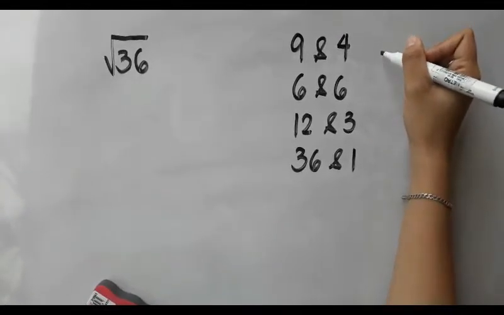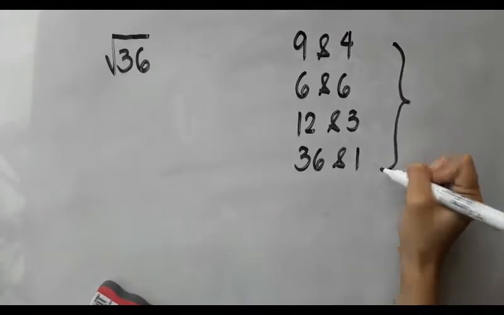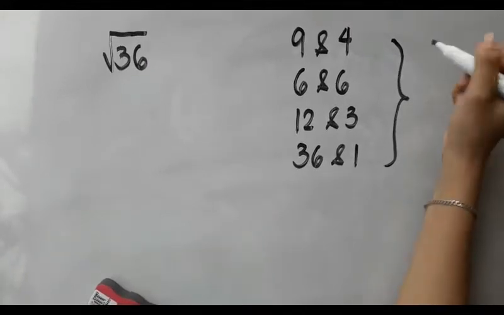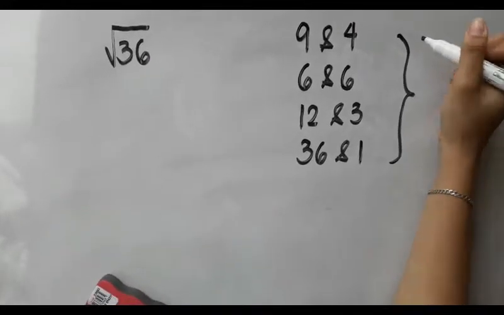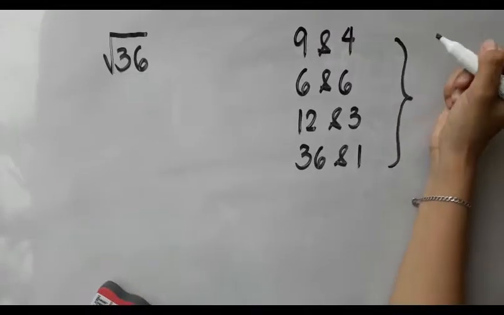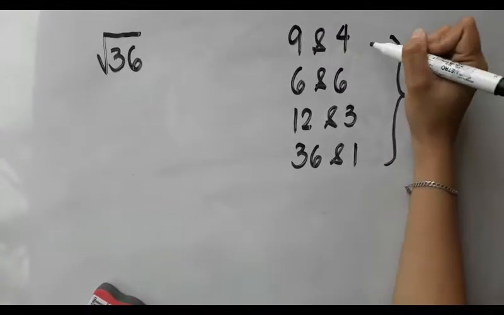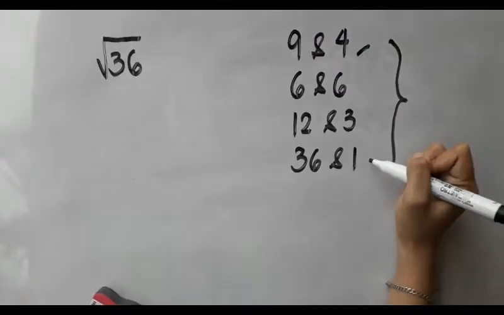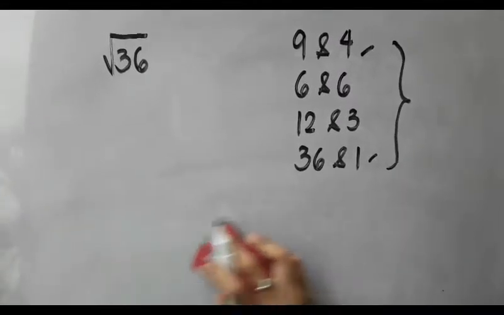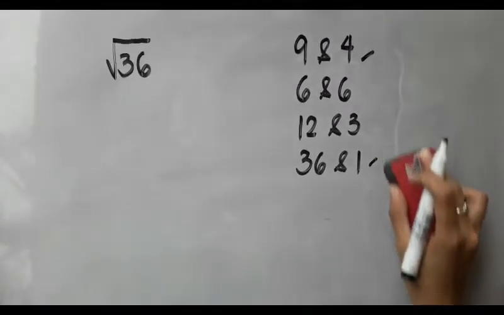With these factors, we will specifically consider those factors which are perfect squares. So we have 9 and 4 and 36 and 1. So we will use the 9 and 4 factors.